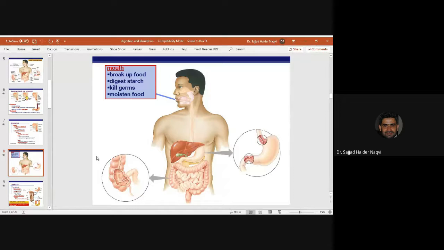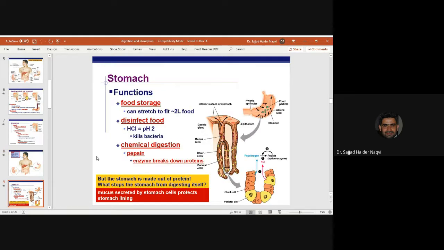Now, in the mouth, as I said, the food is broken up into smaller pieces. Digestion of the starch has started because of the amylase. Germs have been killed, and food is now in the form of a soft, moistened bolus. And thereby it now goes towards the esophagus, and from the esophagus it reaches the stomach.